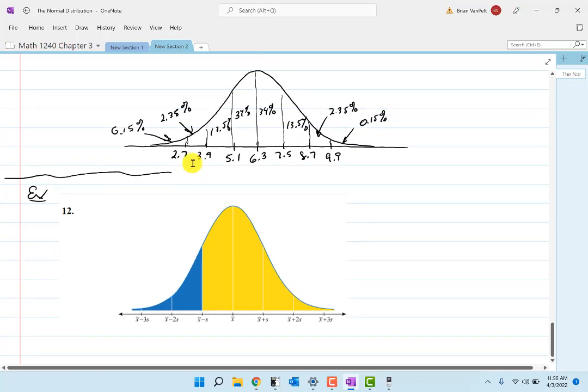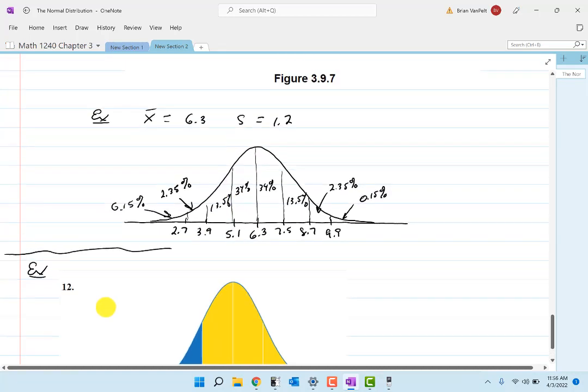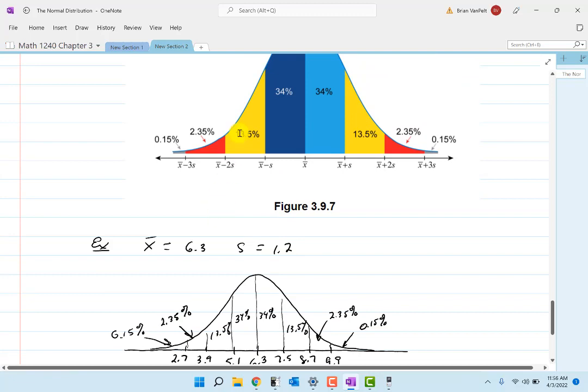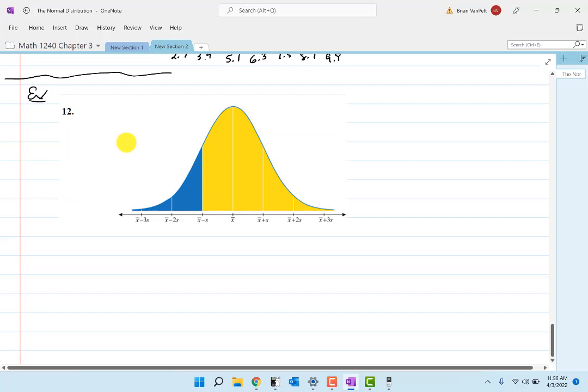So what you need to do is look at any graph like this. Maybe it's even better to have this one here. If we're looking at these three, let's have these numbers in those spots. So in this spot here is 13.5%, 2.35%, 0.15%. So the area of the blue is the entire area.